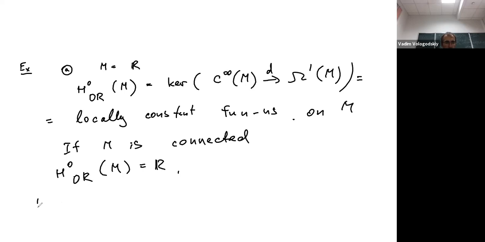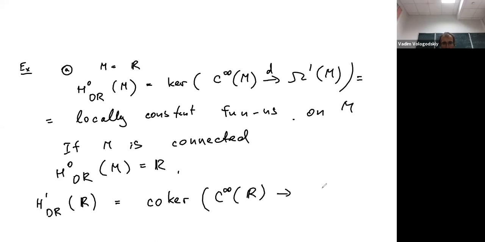So let's look at H1 de Rham of R. Well, any one form on R is closed because there are no two forms. So this is just the cokernel of the map from functions to one forms.